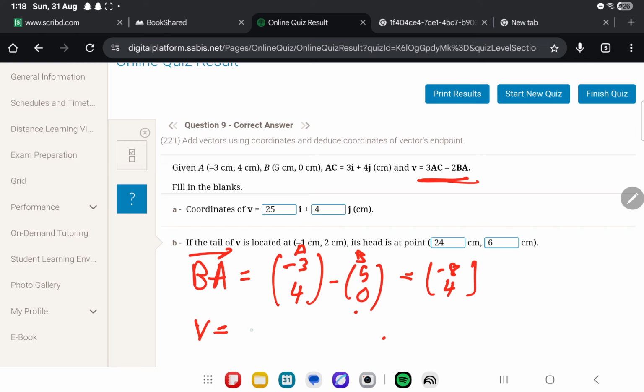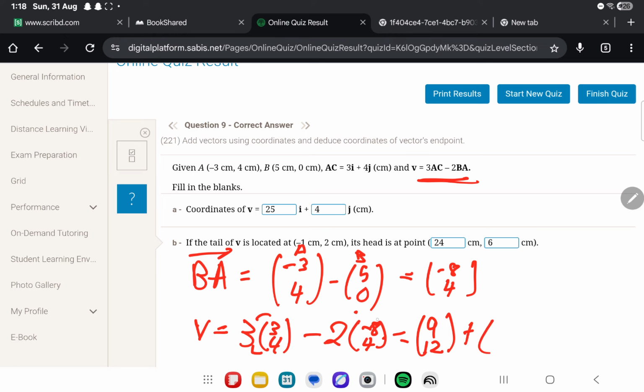Now, AC is given, so vector V is going to equal 3 times (3, 4) minus 2 times (-8, 4). We're going to distribute the 3. 3 times 3 is 9, 3 times 4 is 12. Minus 2 times negative 8 is positive 16, because a negative makes a positive.